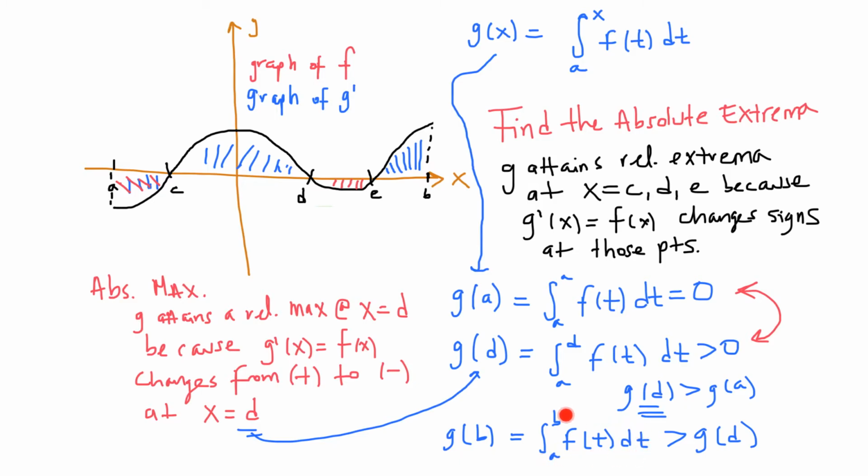Whatever area I get from A to B has to be greater than whatever area I got from A to D. And so now we can make a statement that says g of B is greater than g of D, and g of D was greater than g of A, and those are my two endpoints and my critical value. So then it must be that the absolute max is g of B.